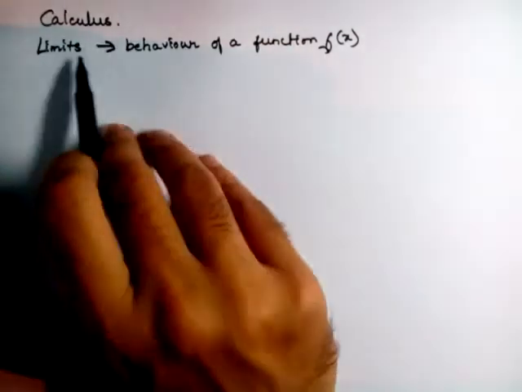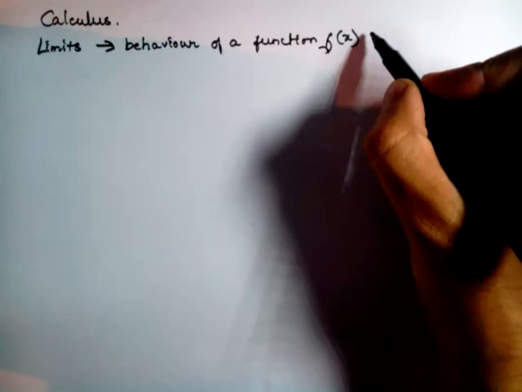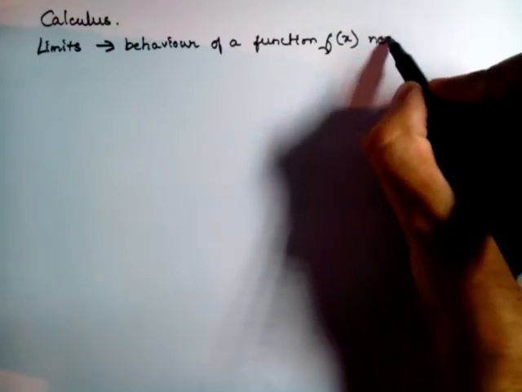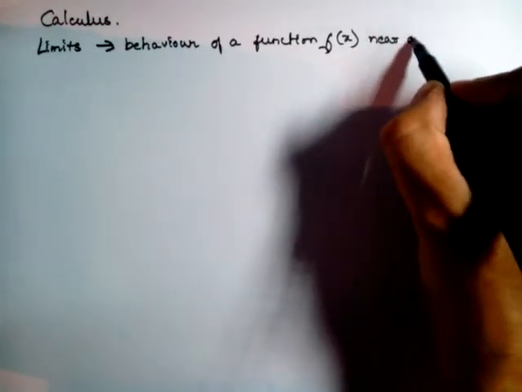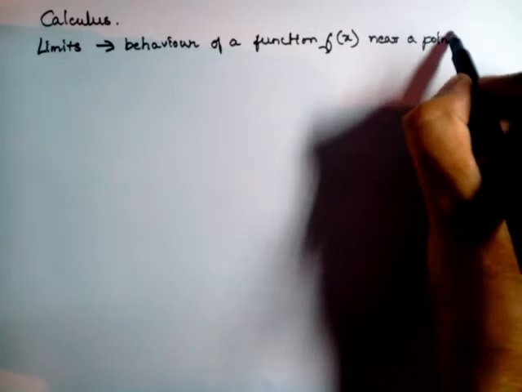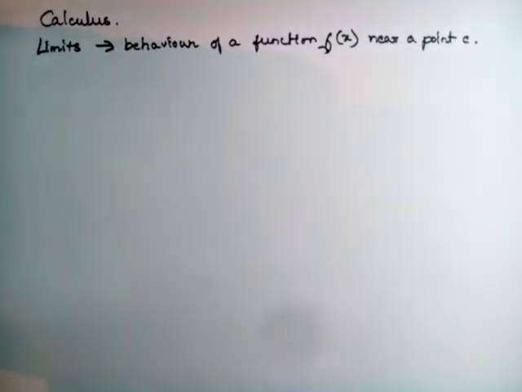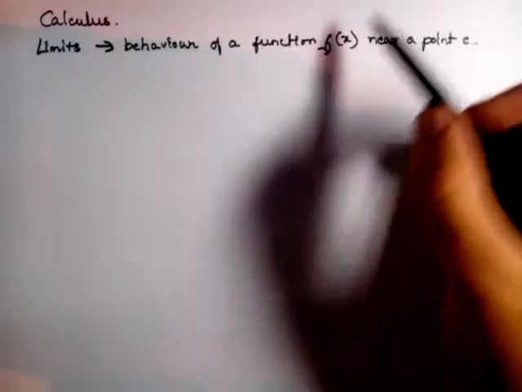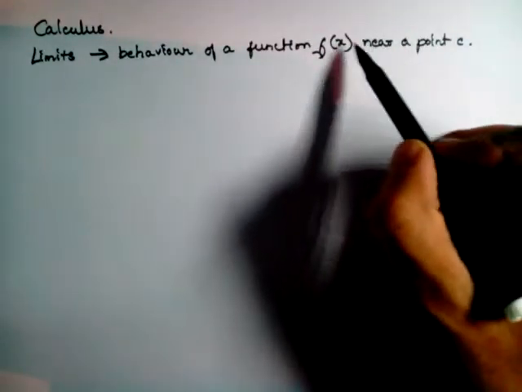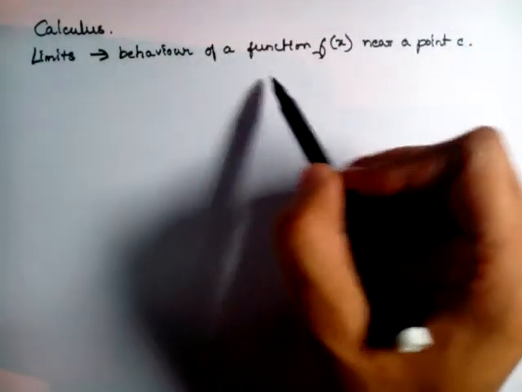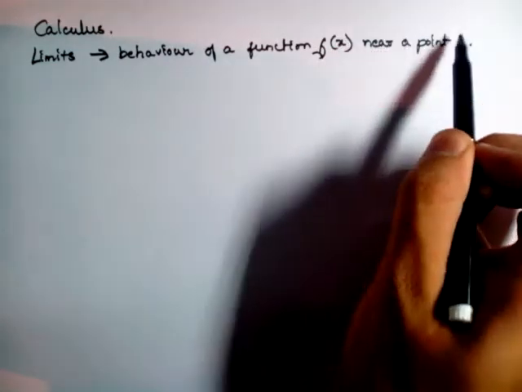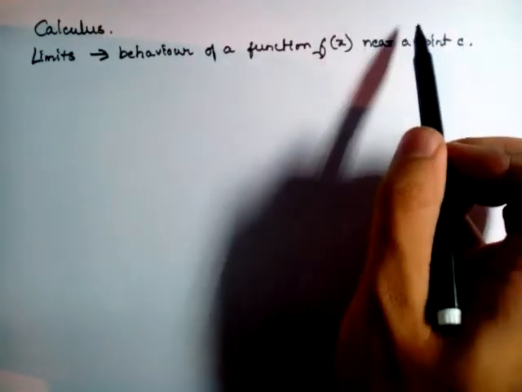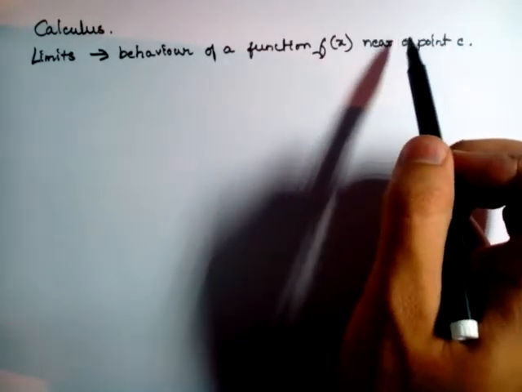We can find the behavior of this function near a point. Let's call it point C. This holds good when the distance between x and C is very small.